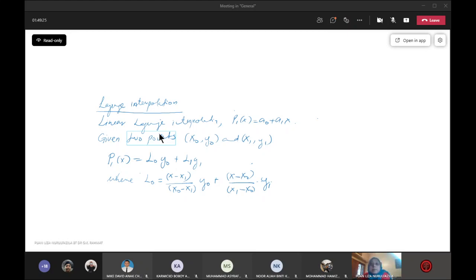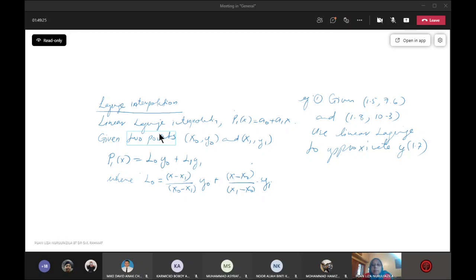So, for example, okay, let's say you want to approximate y of 1.7 using linear Lagrange.